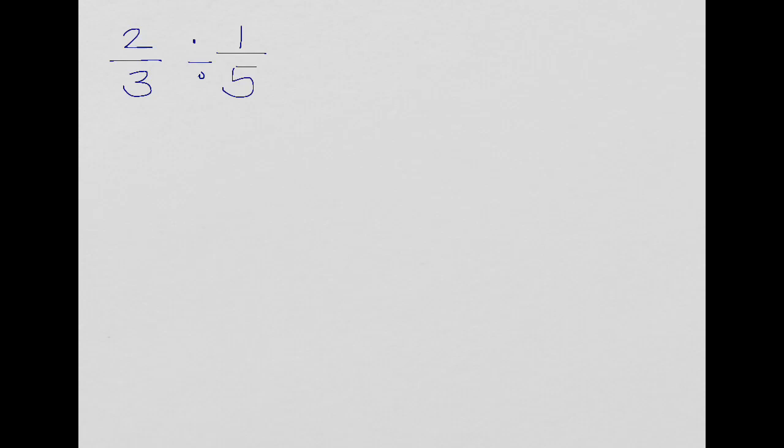So let's have a go at another one. So this question here, 2/3 divided by 1/5 is the same as 2/3 multiplied by, what are you going to write? What's the reciprocal? 5.